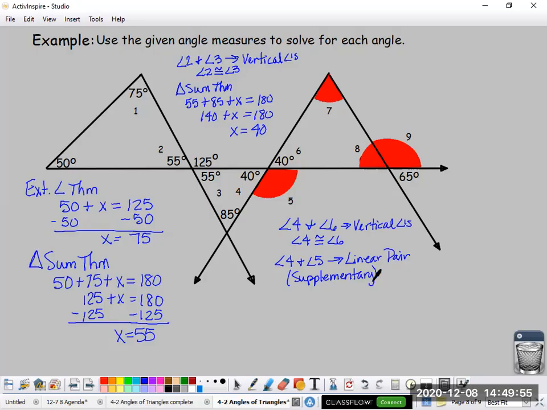So that means all we have to do is go 180 minus 40, and we get 140. So right now, pause and find 7, 8, and 9. Pause the video and try to find the measures for 7, 8, 9. When you have them, restart and check.